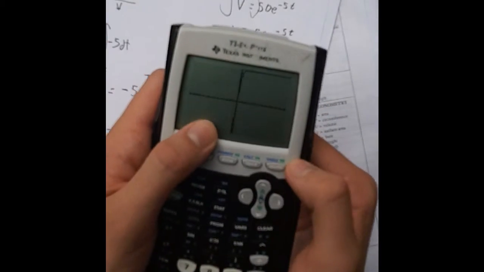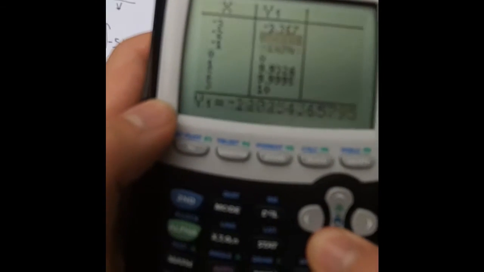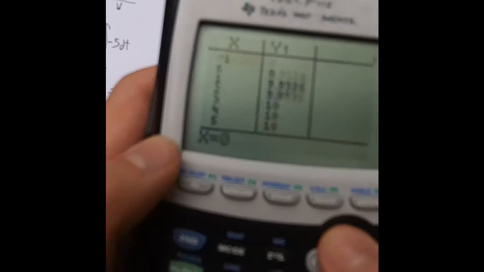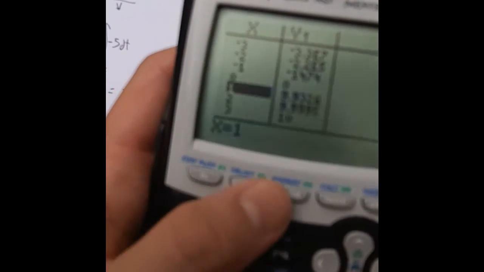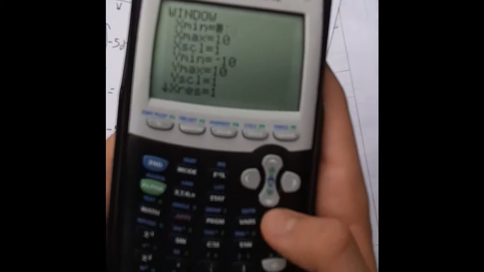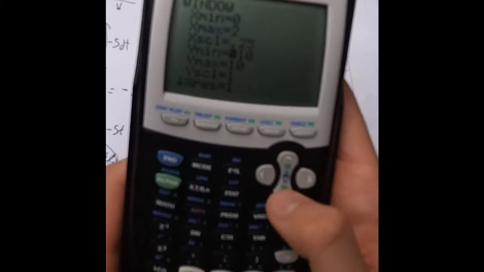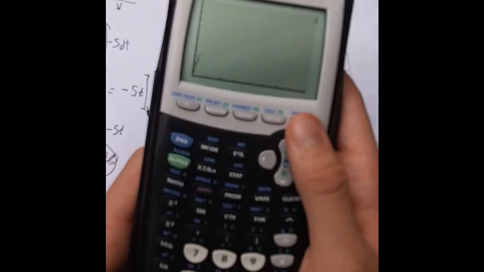This is what it looks like, more or less. So it gets up to about 10. And then at this point, the drag force is so much, it comes to basically a complete stop over the course of like a second. So I'm going to make this look like that. 0, 10, let's do 12.